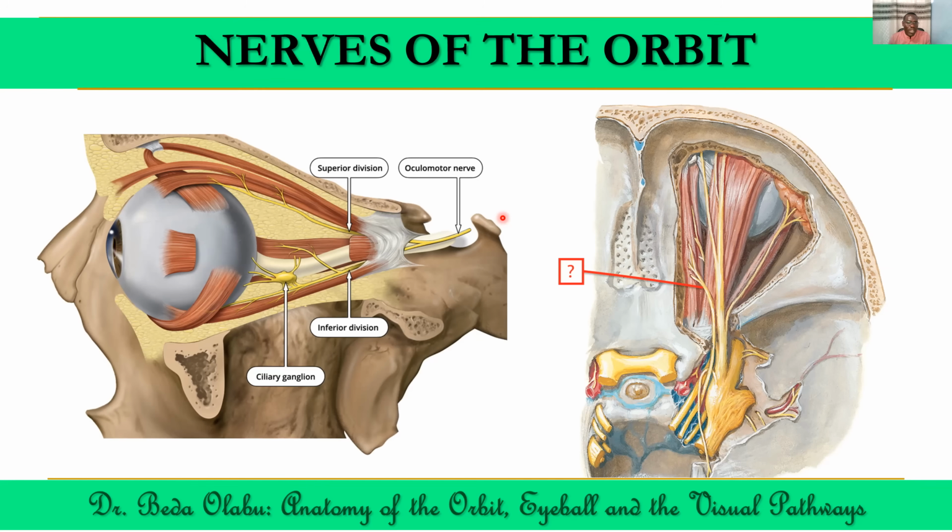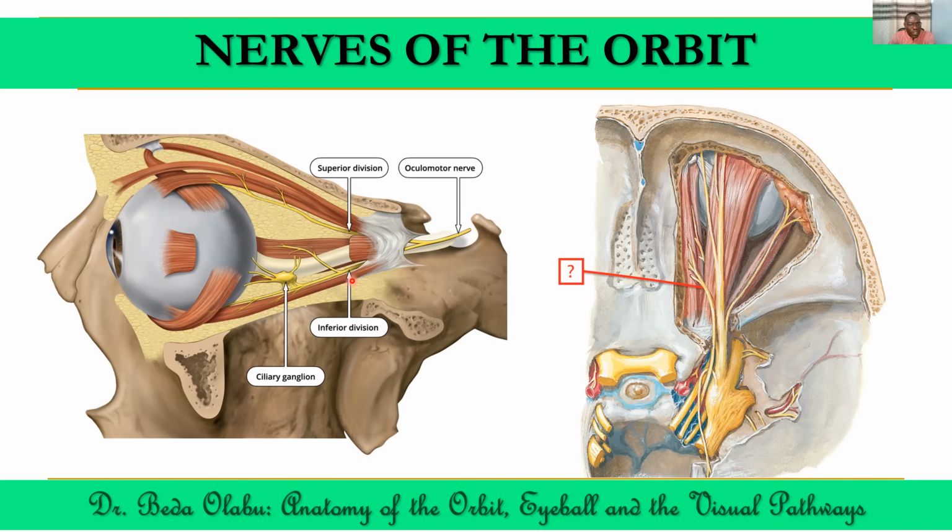These preganglionic parasympathetic fibers will synapse in the ciliary ganglion. Then the postganglionics reach the eye. So remember that function is a general visceral efferent function. So oculomotor has 2 major functions, GSE to the extraocular musculature and GVE to the smooth musculature within the eye.